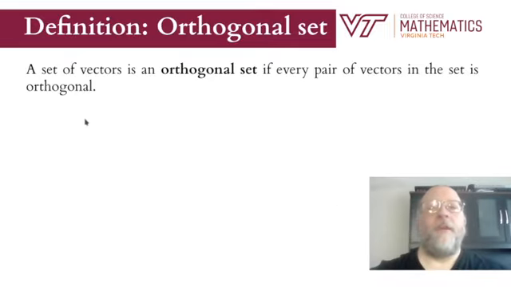We say that a set of vectors is an orthogonal set if every pair of vectors in the set is orthogonal. Orthogonal means the angle is 90 degrees, or another way of saying that is that the dot product is 0.